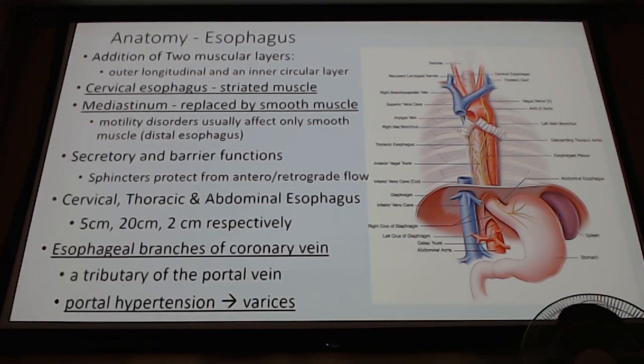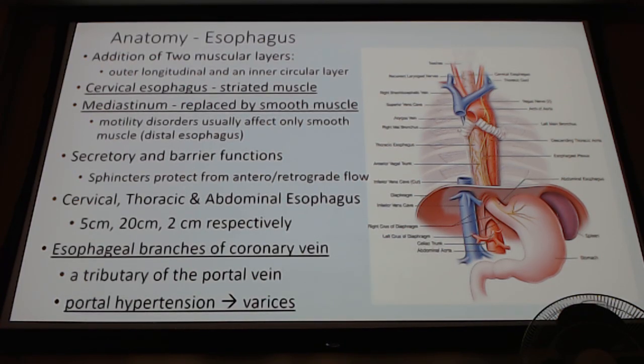Then we have the mediastinal portion, which is 20 centimeters long, where the striated muscle is replaced by smooth muscle, which is why you have difficulty getting food down with muscular or nerve motility disorders. And then the last little part is 2 centimeters in the abdominal cavity past the diaphragm. So it just depends on where it is in location.